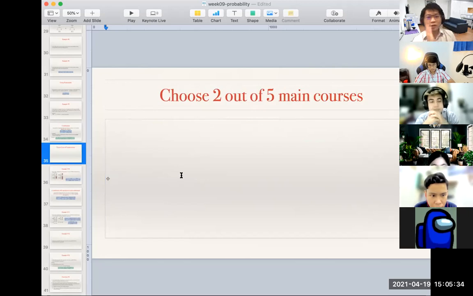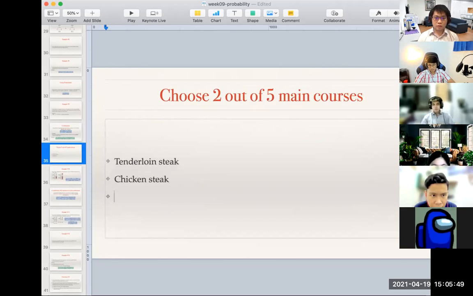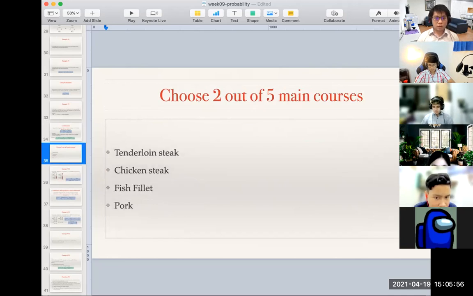Let's say, what are the foods that you like to eat? Let's say tenderloin steak, and then chicken steak. Sorry, I'm not sure if any of you are Muslims. I just give some random examples, so it does not mean that you should choose this one.